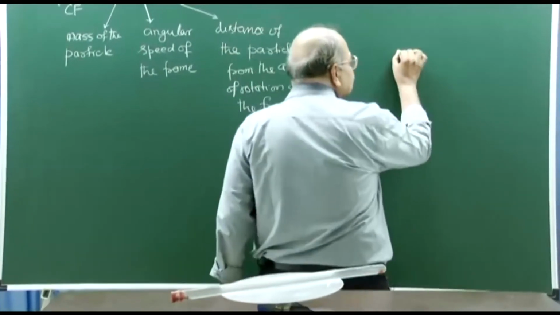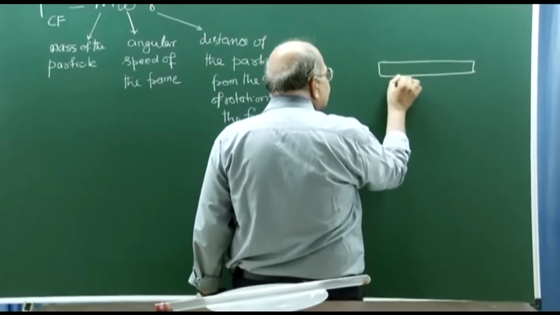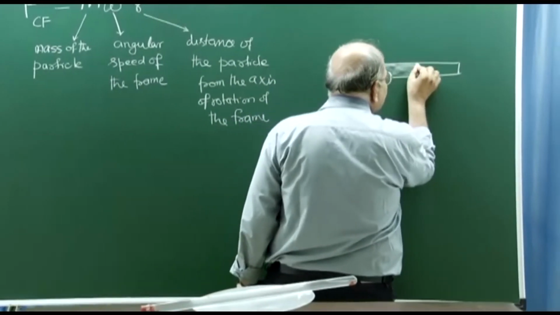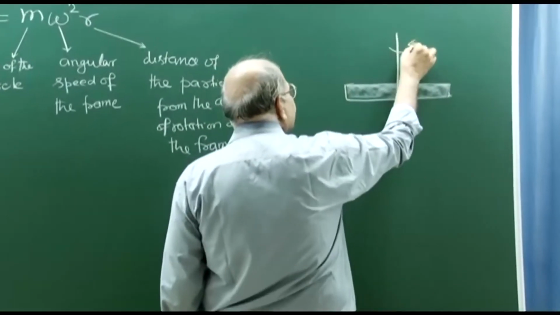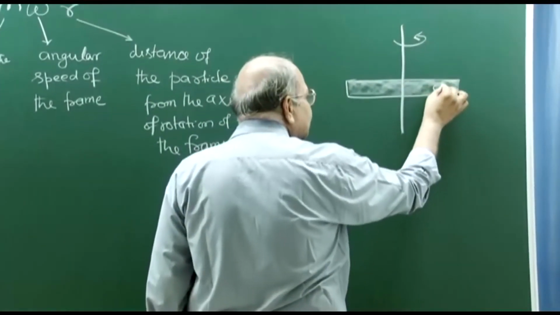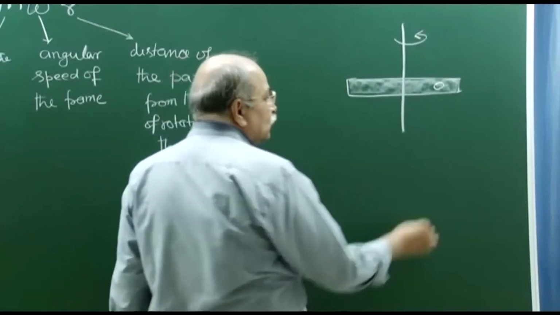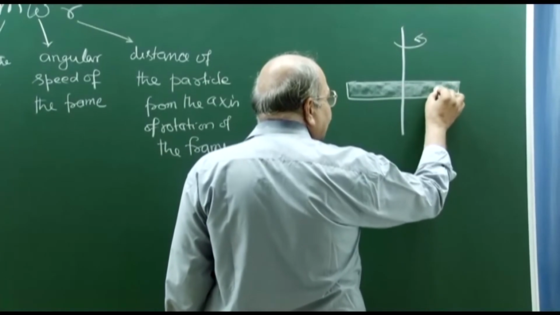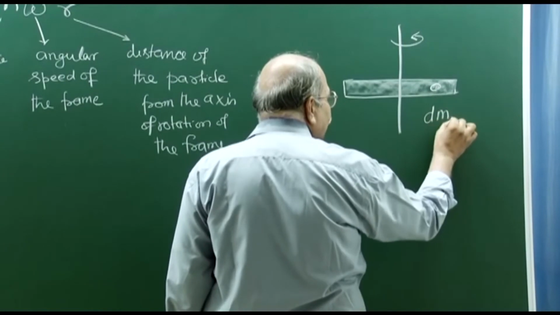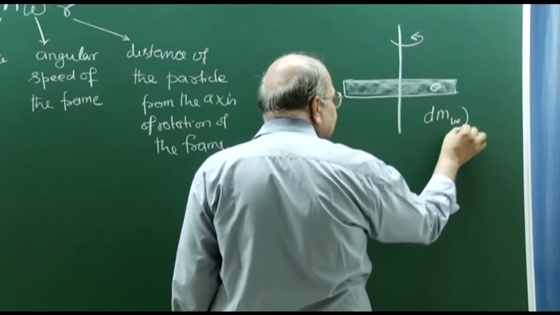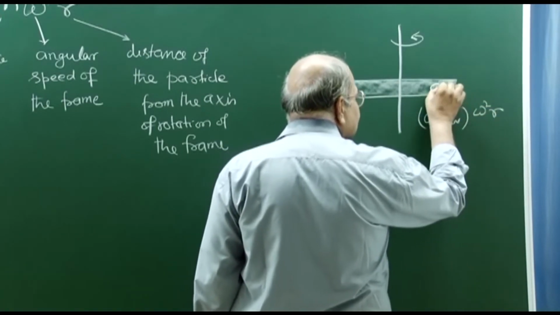Suppose you have a tube here which is closed at the two ends, completely filled with water, and this is the axis and it is rotating like this, and I am thinking of this portion of water. There is some mass of this, which I will write as dm water, and this mass times omega square r is the centrifugal force.